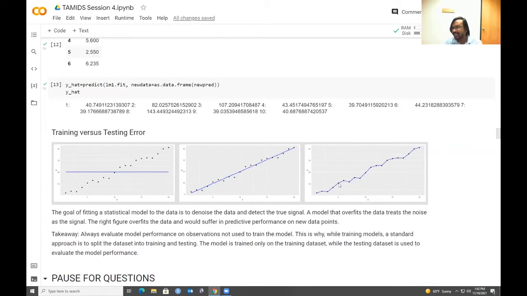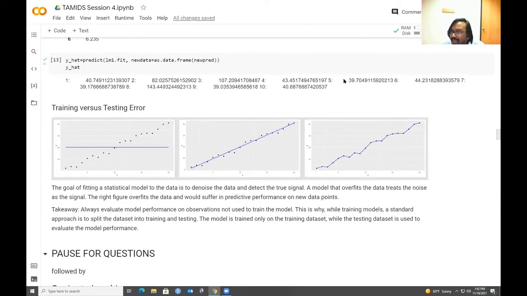That is why a standard approach while learning a model is to split the original dataset into two parts, a training part and a testing part. Then we pretend that we do not have the testing observations. We only train the model on the training part, and then check the prediction performance on the remaining observations, the testing part, and see how the model performs. If you perform something like that using a training and testing error, the model in the middle is going to perform the best.